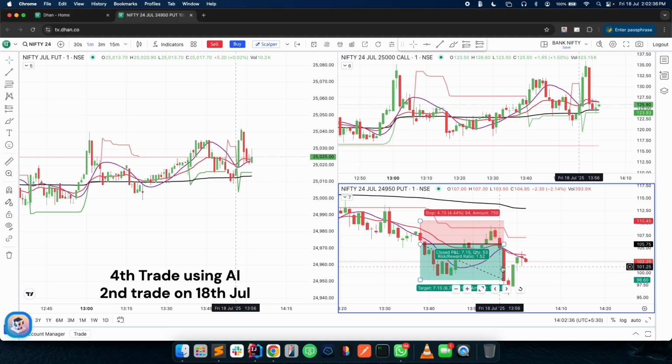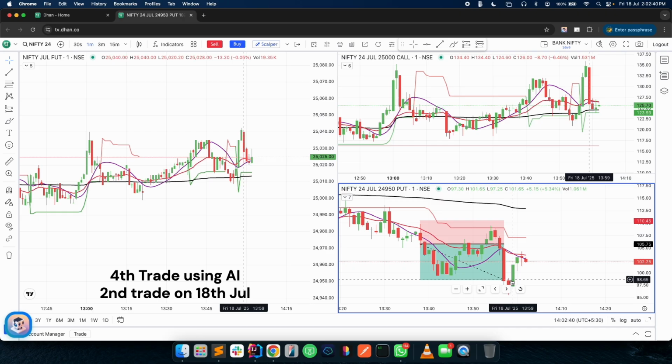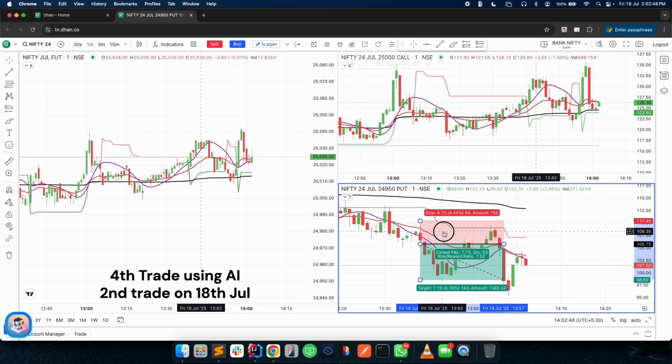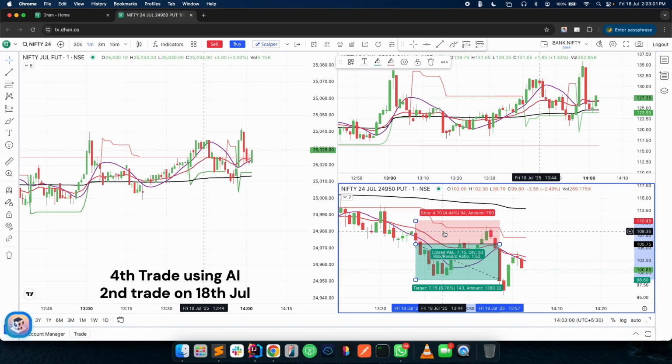Around 1:57 our target was achieved. You see here, at this line, our target achieved. So I think overall it's a good trade. Our stop is 4.7 and our target is around 7.5. Overall, a decent 1:1.5 risk reward we achieved. It's a good trade, I would say.